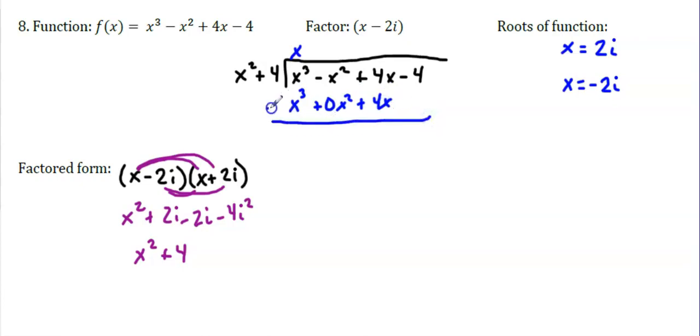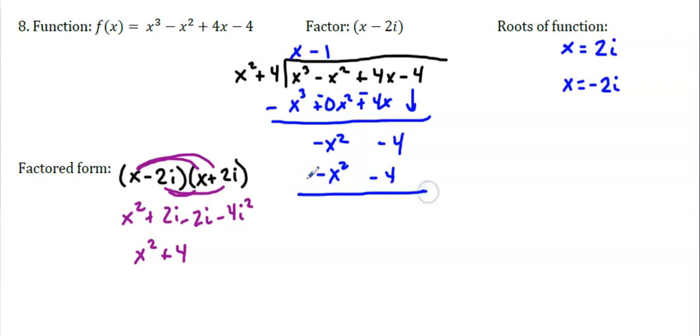So I'll subtract, and I'll get negative x squared, and then bring down this minus 4. And negative 1 times x squared gives me negative x squared. Negative 1 times 4 gives me negative 4. So when I subtract, subtracting a negative turns into adding, I get 0.